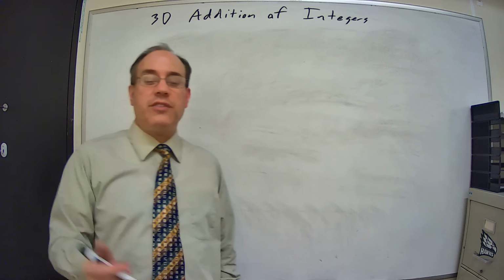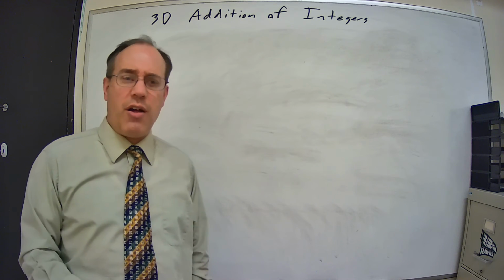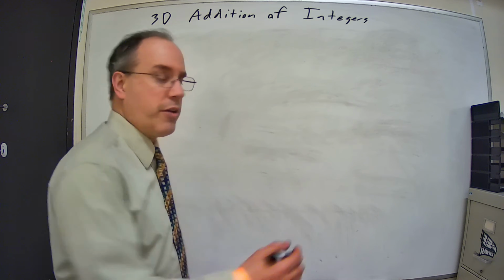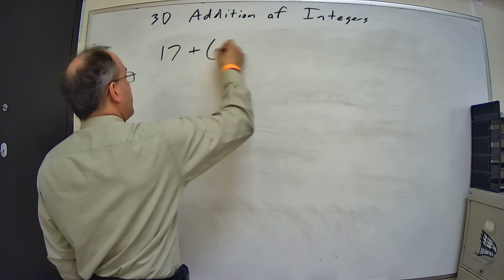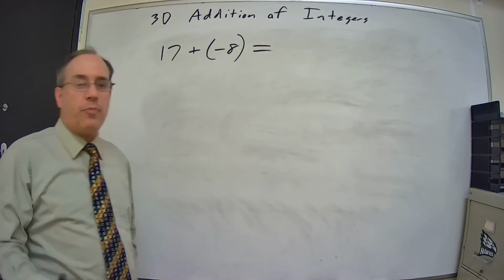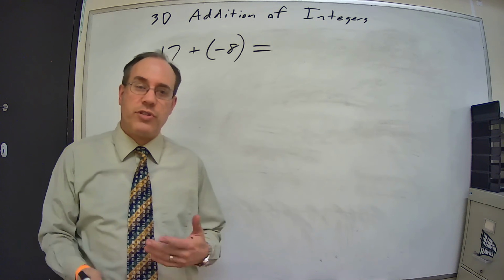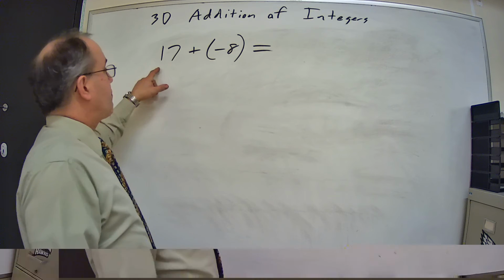All right, so let's find the following using a calculator. So practice this yourself. Plug these into your calculator. So if I have 17 plus -8 equals. Now, depending on your calculator, the keystrokes that you use for this may vary.